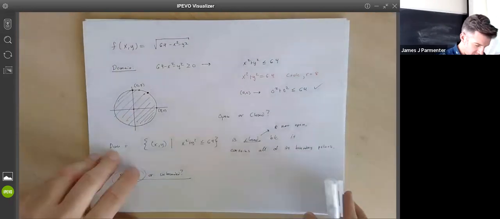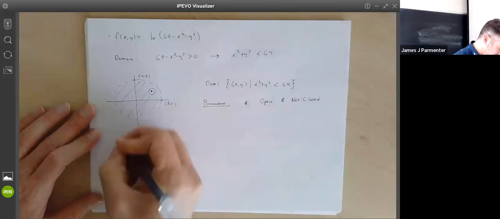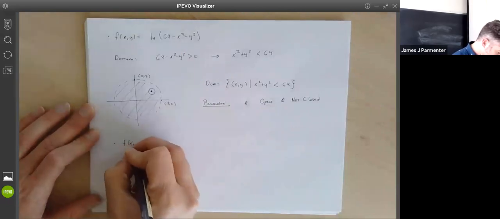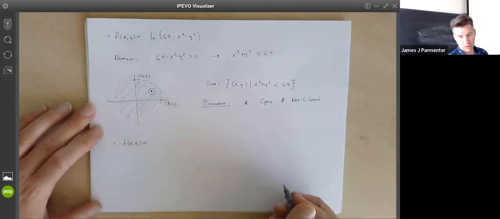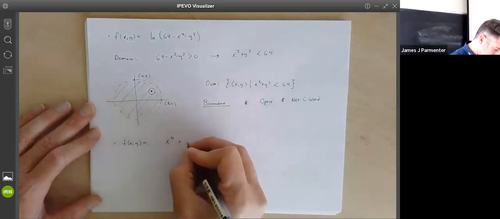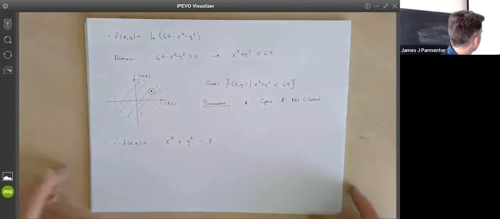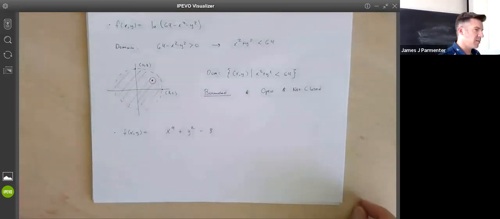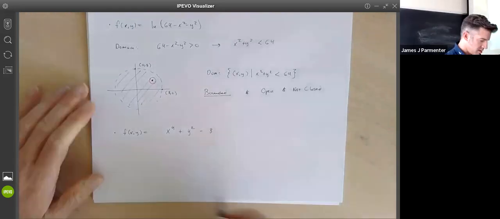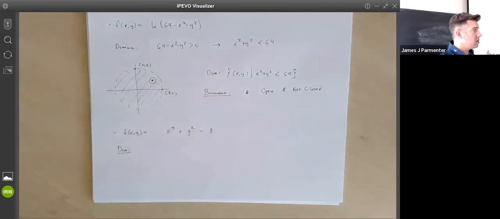And then finally, the one that always jams people up is something that seems relatively innocuous, like f of x, y equal to, sure, let's say it's x to the 4th plus y squared minus 8. We'll talk about the range here too, because why not? Domain. I've got no domain issues, right?